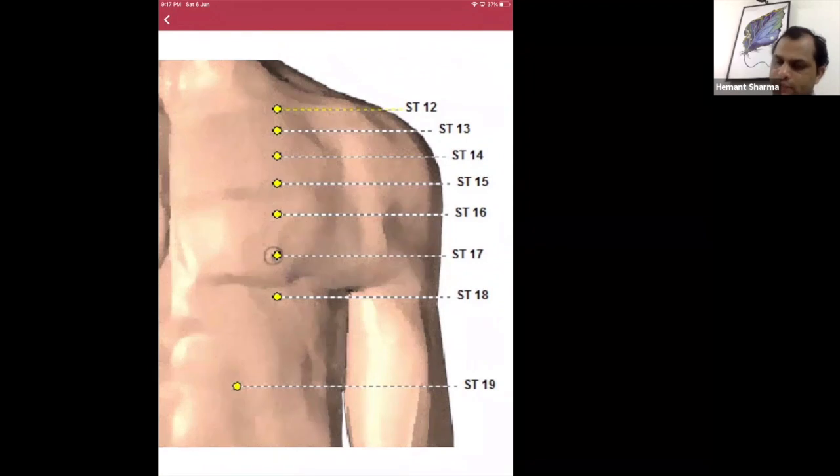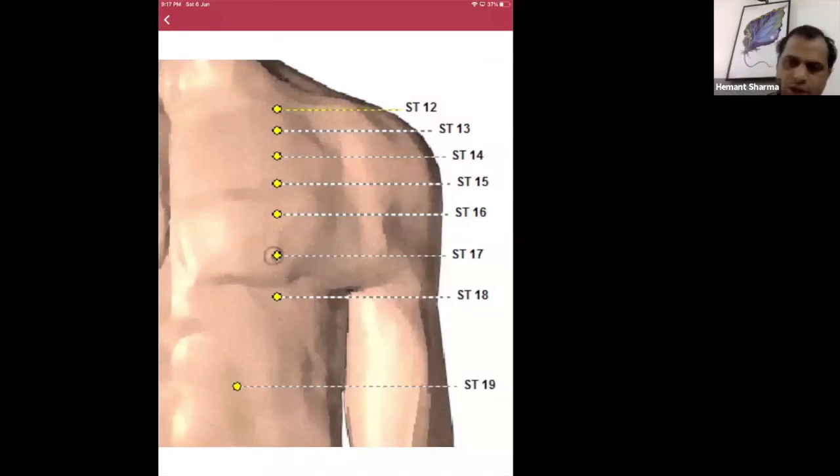Right now my focus is that it is going through the lung. We have two meridians, one on the right side, one on the left side. So the stomach meridian is going through the lung. So whenever you want to do something better for the lung, we treat the stomach meridian.